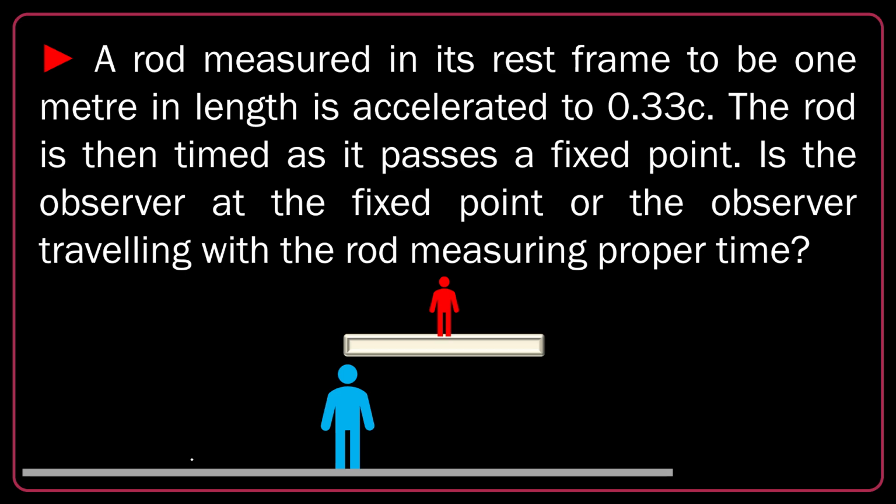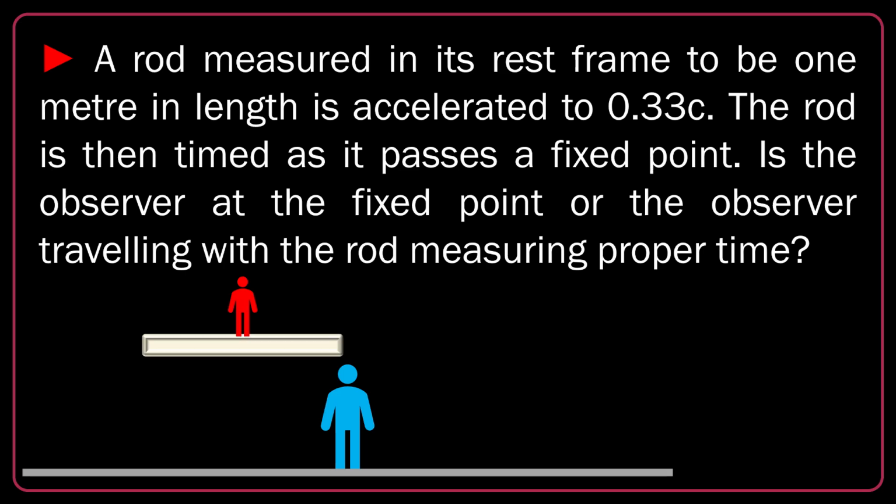Why? Because when the front of the rod is passing by, there must be a sensor that activates a clock in front, and it registers T1, the beginning of this trip. Then when the end of the rod passes by, another sensor will stop the other, already synchronized clock and register T2.